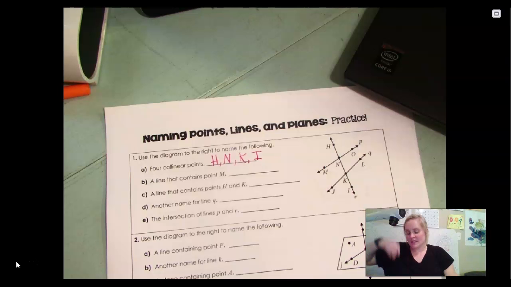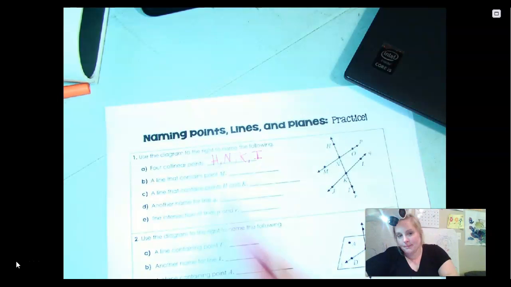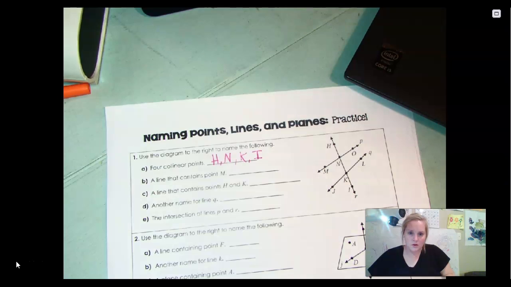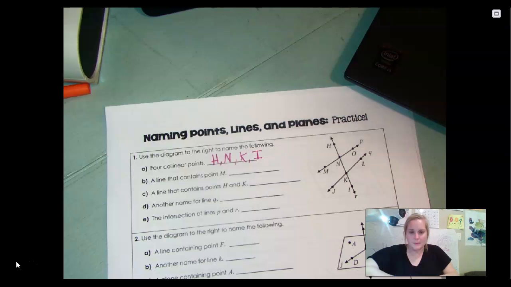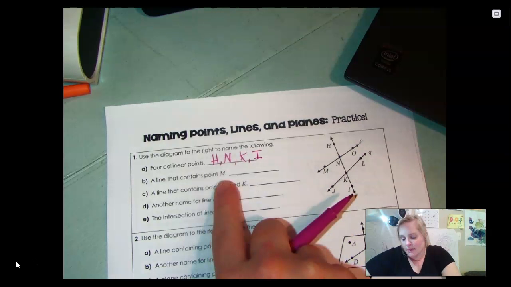A line that contains the point M. So if we look at point M, sorry, I was trying to make that better. Is that better or worse? Hold on, y'all. I think that's better. Okay, y'all. So if I look at this one, point M, M is here.